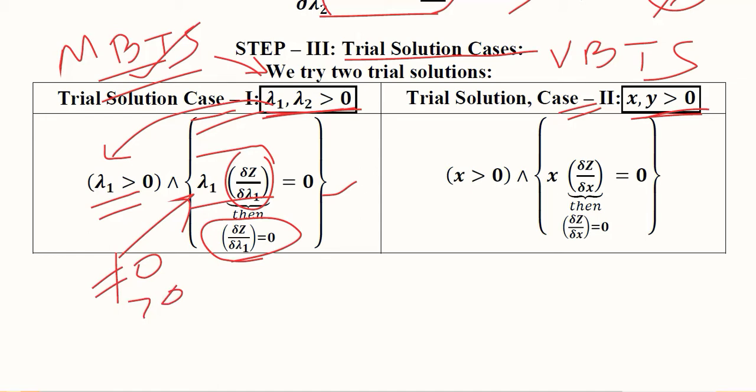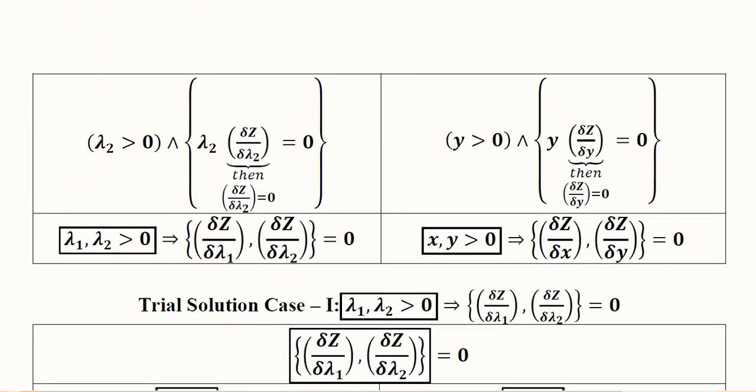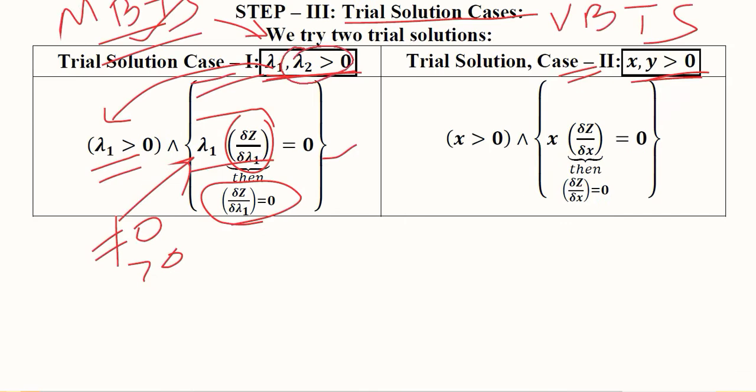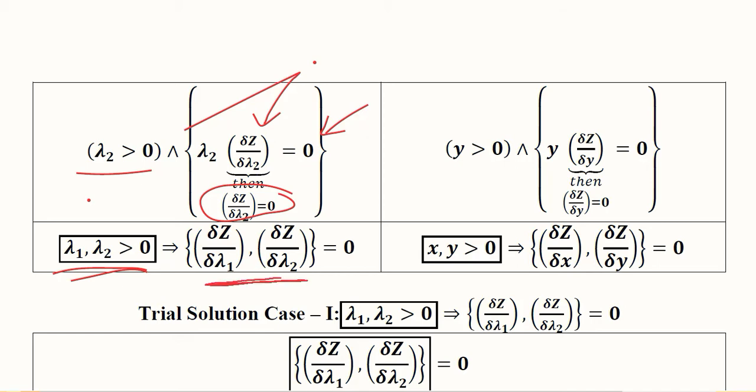Similar holds for the next multiplier based trial solution, that is, if lambda 2 is considered greater than 0, that is, here we considered it. So if lambda 2 is positive, then in this product this term should be 0 if the product is to be 0, fulfilling the requirement of the complementary slackness. So summarily we can say if both these multipliers are positive, then these derivatives will be required to be equal to 0.